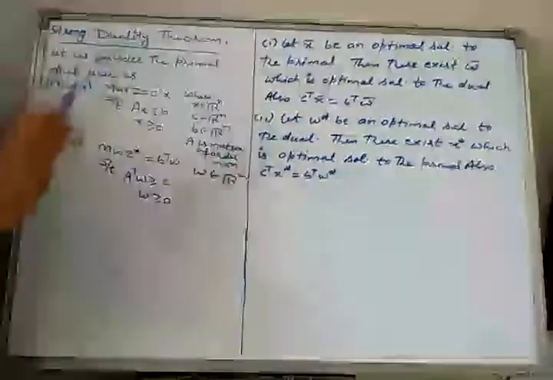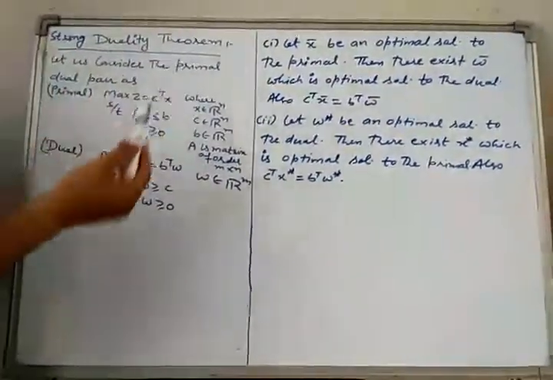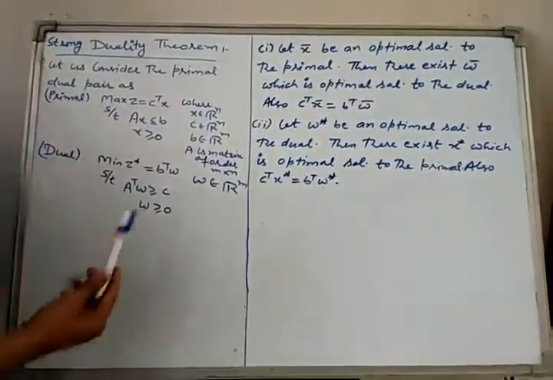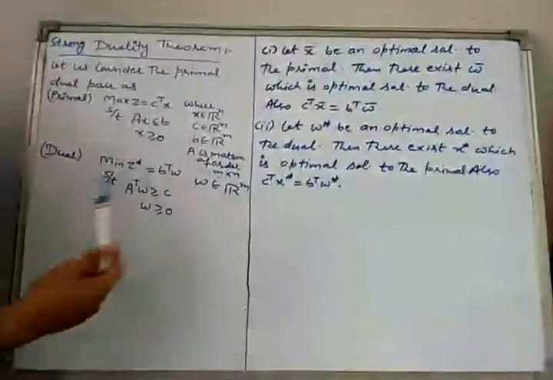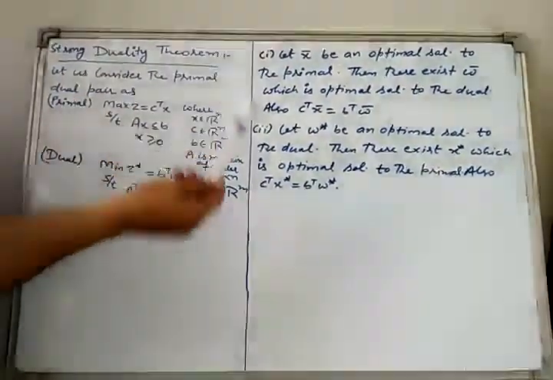I am not going into the proof of the strong duality theorem, but you should always remember the statement of the strong duality theorem, which we further use in other concepts.